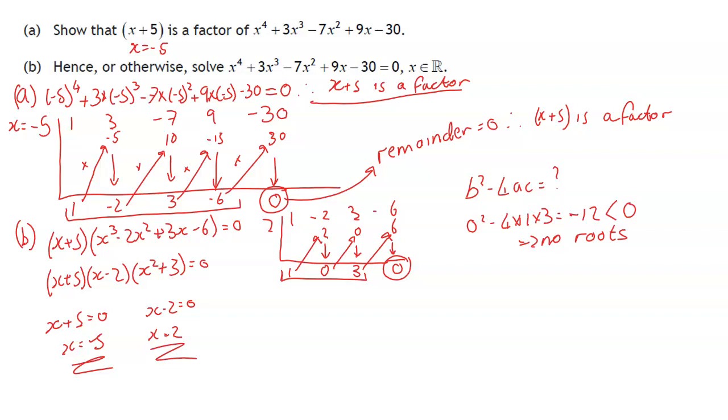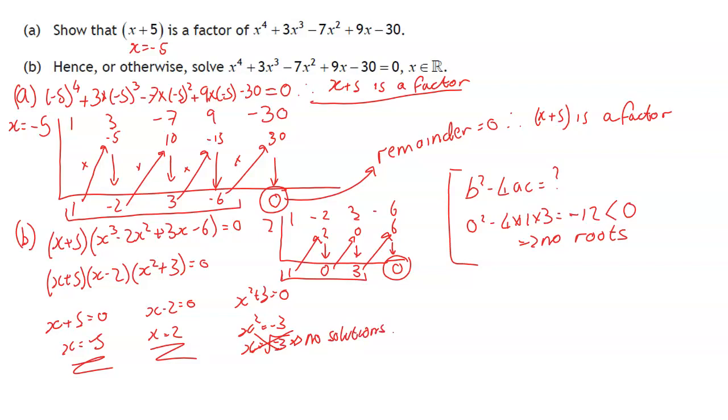Now we've got to make sure we communicate that the x squared plus 3 doesn't give me a solution. So that's where this comes into play: the b squared minus 4ac, no roots, job done. We could have written x squared plus 3 equals 0, so x squared is equal to negative 3, x is equal to the square root of negative 3, and then crossed out and written no solutions next to it as well.